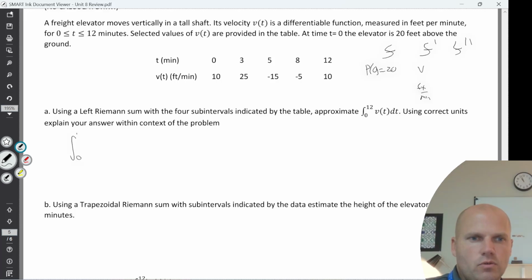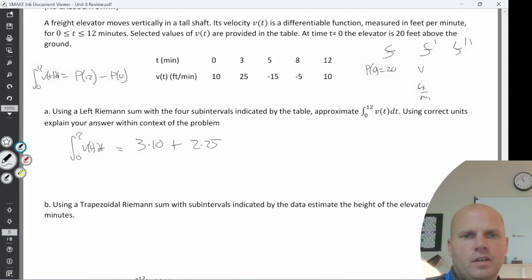All right, so the integral from 0 to 12 of V is literally going to give you how position is changing. It'll be in feet, change in position. Left Riemann sum: I've got 0 to 3, which is 3 by 10. I've got 3 to 5, which is 2 by 25. I've got 5 to 8, which is 3 by negative 15.